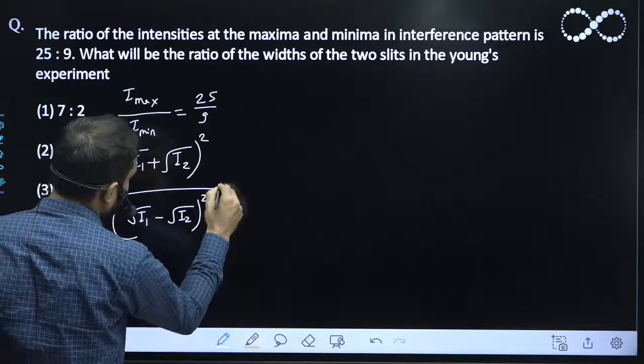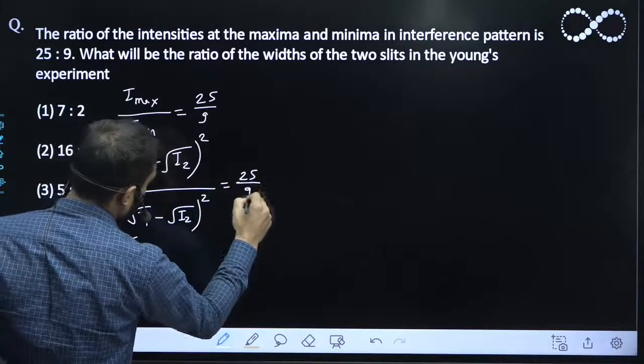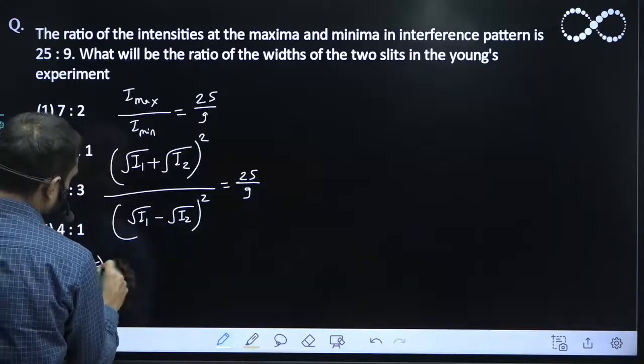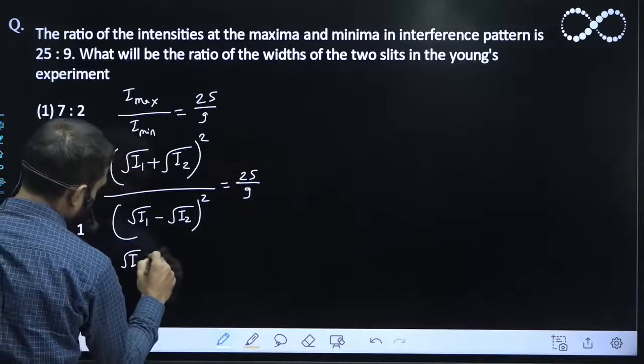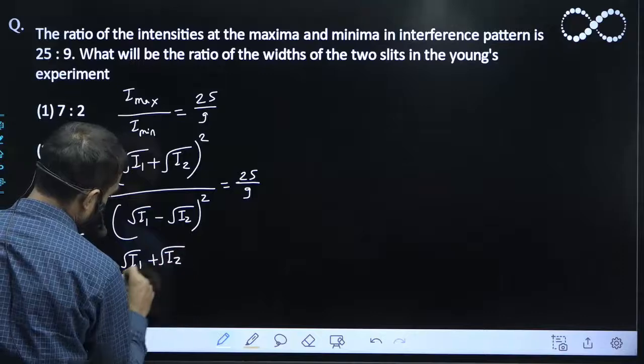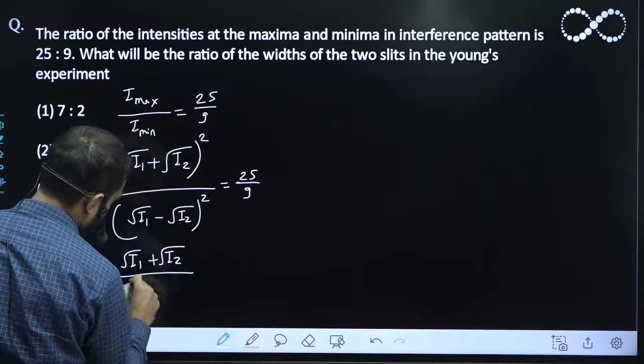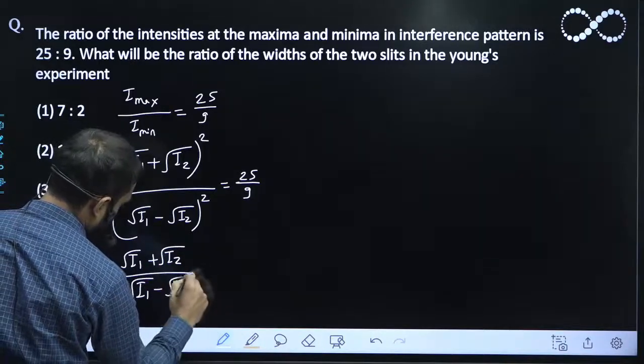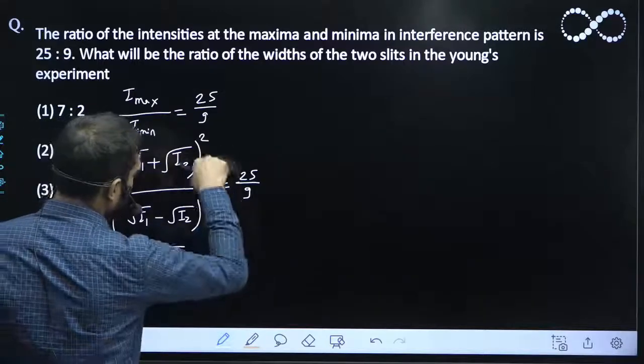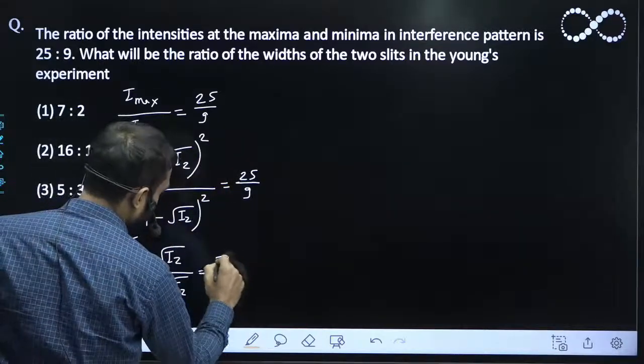This will be I max upon I min, and that is equal to 25 upon 9. So if I do this, you will get root I1 plus root I2 divided by root I1 minus root I2 is equal to, if I take the square root both sides, 5 is to 3.